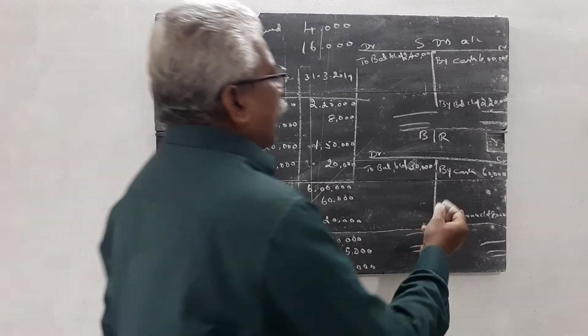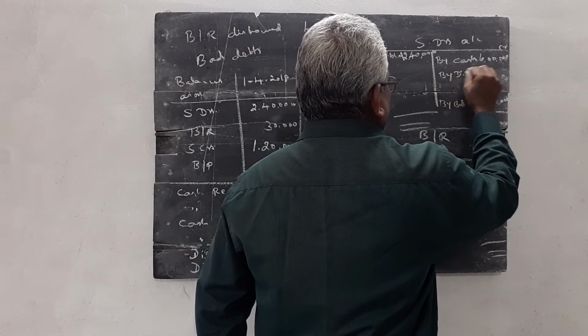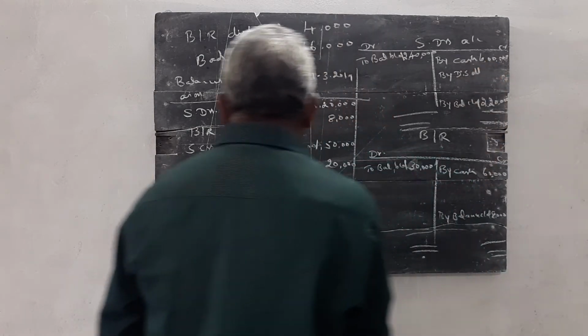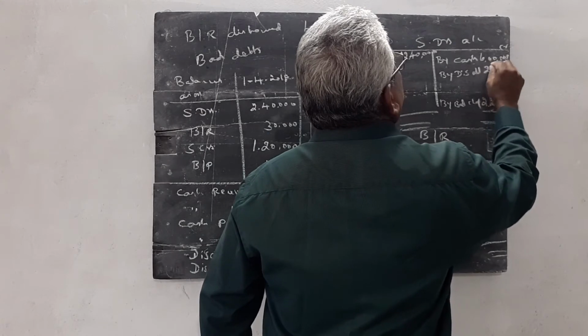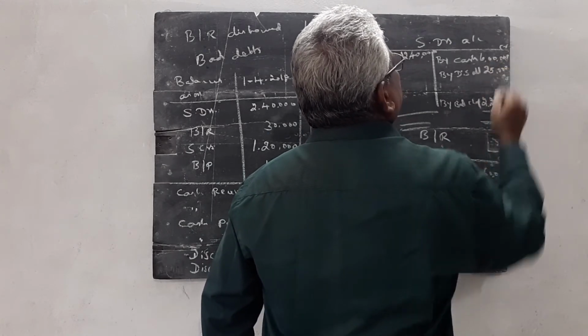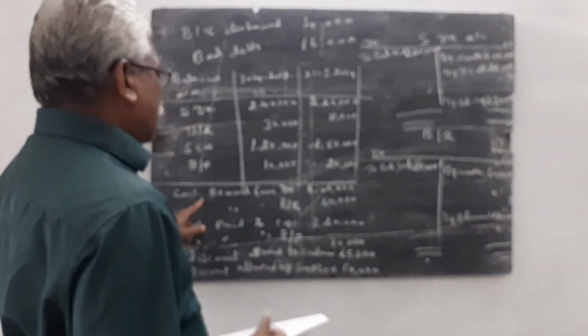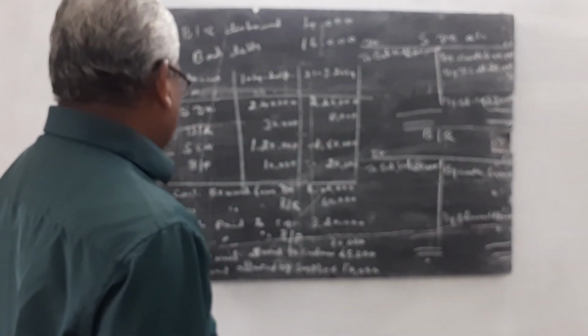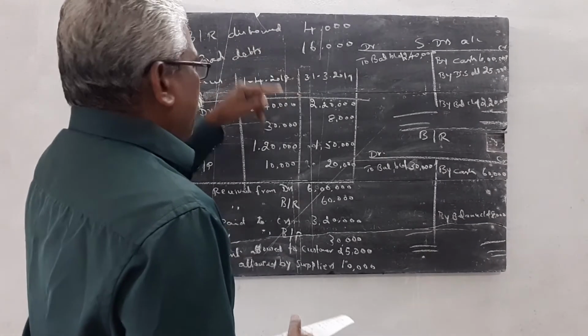Then discount allowed comes on this side: by discount allowed, discount allowed to customer 25,000. So this 25,000 is entered here. Then bills receivable dishonor and bad debts.